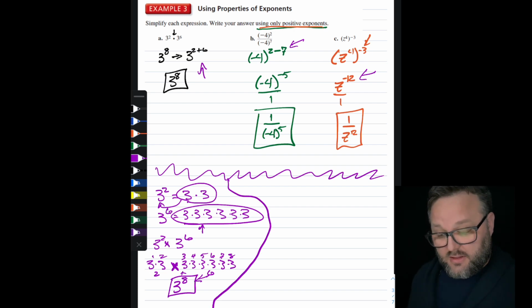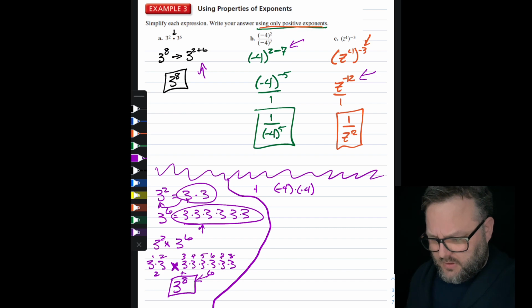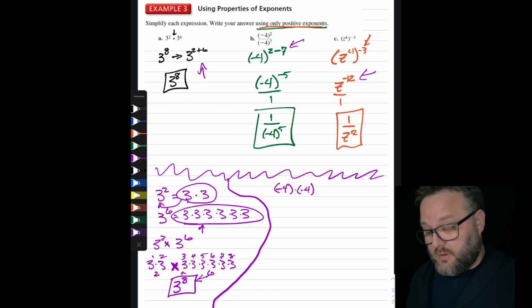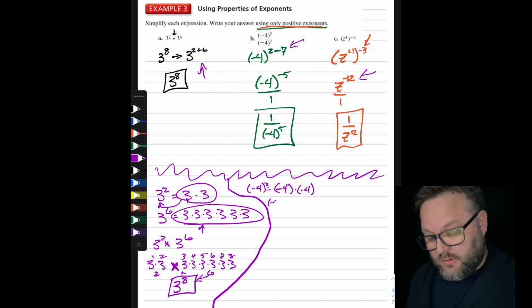In the division, this is saying we have a -4 times a -4 in the numerator, because this is the same as -4 squared. And then -4 to the 7th, I think we can see it. I'm not going to write all of it. It's -4 times -4, and there's going to be 7 of those, times -4.